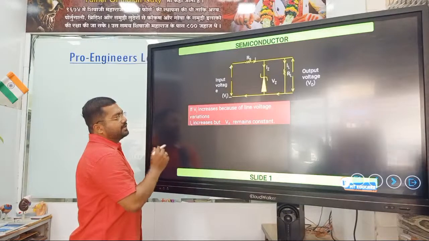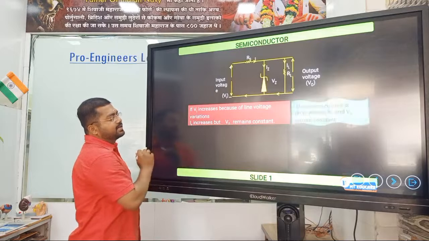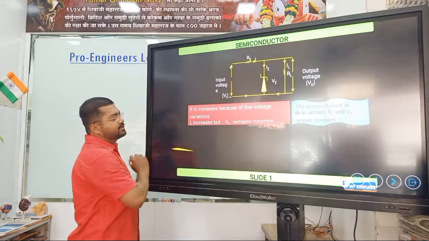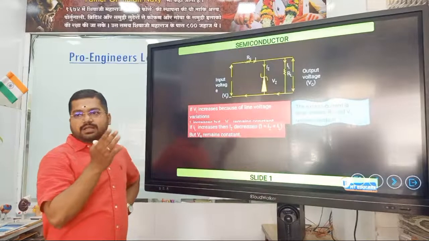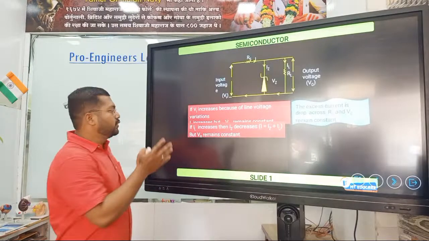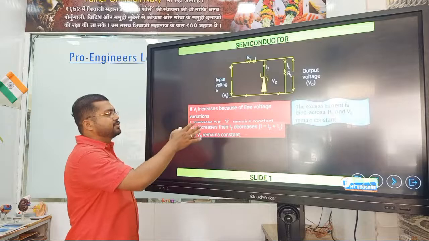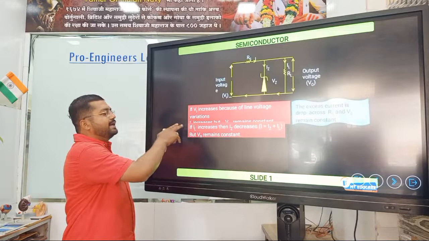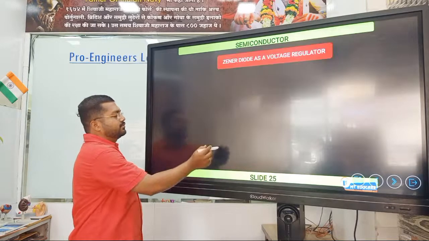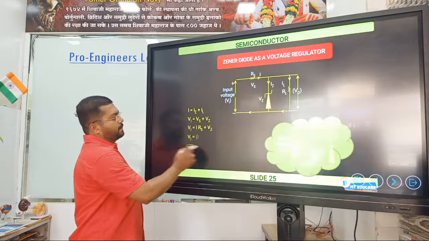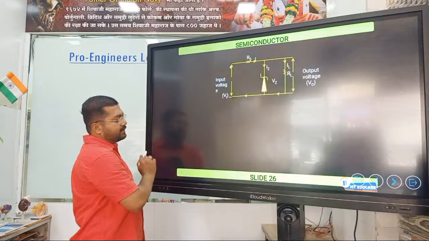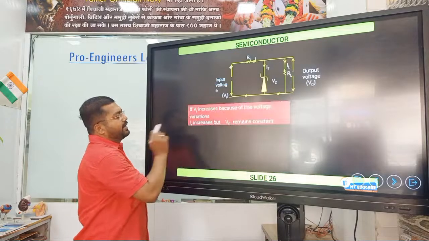So after understanding that 5 lines, VI increases because of line voltage variation. Means line voltage variation मतलब input voltage variation. उसी के base VI increases because of line voltage variation. I increases but V remains constant. ठीक है, ये यहाँ तक हुआ था. और हमने क्या लिखा?